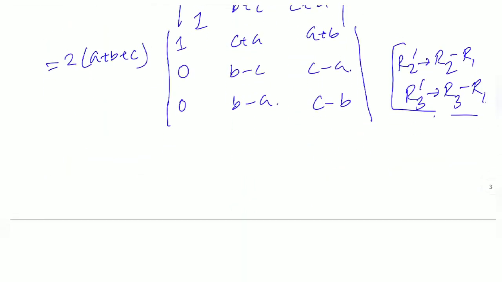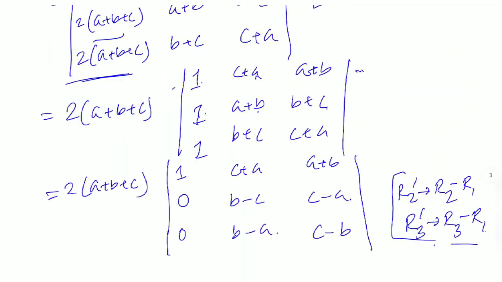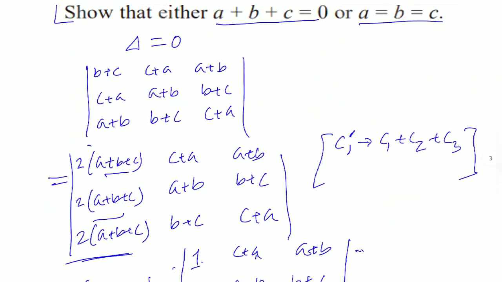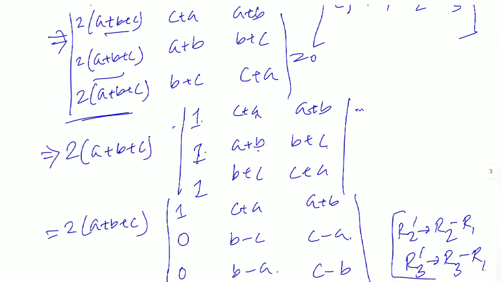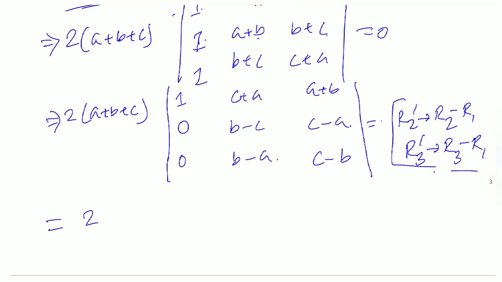Okay, now right here, I think we have done a little bit of mistake. This one will be 0, right? Yeah, so this one will be 0, and here we need to write 0, and 2 into (a plus b plus c).